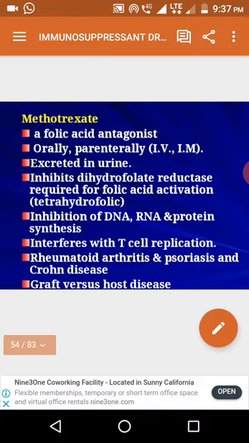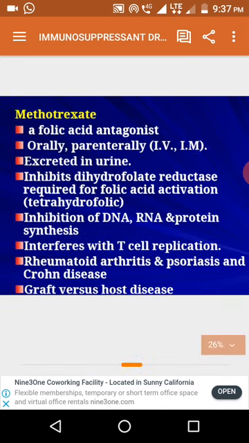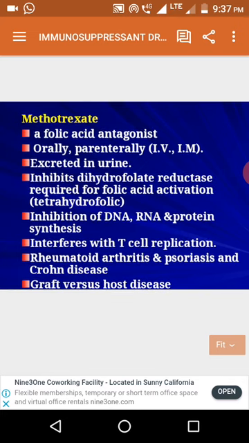Next is methotrexate. Methotrexate is a folic acid antagonist. It inhibits dihydrofolate reductase, which is required for the conversion of dihydrofolate to tetrahydrofolate. This tetrahydrofolic acid is involved in the synthesis of various purine and pyrimidine nucleotides.